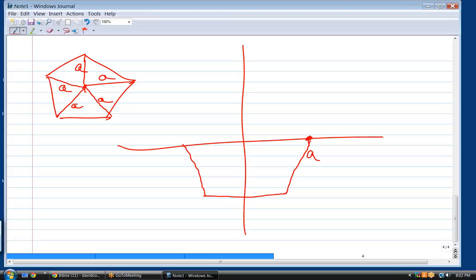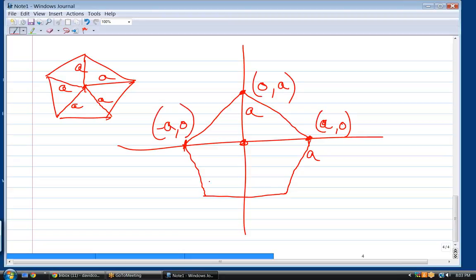So if the center is there, that has to be a also. That has to be minus a. In other words, this would be a comma 0. This would be 0 comma a. This would be minus a comma 0. Now we got to figure out what that one is.